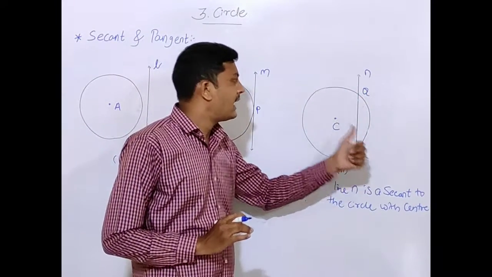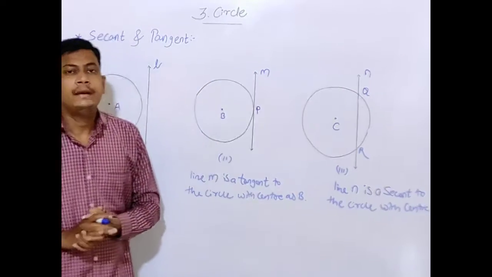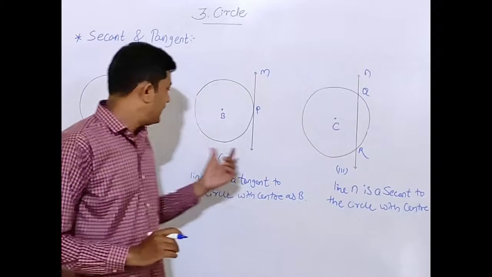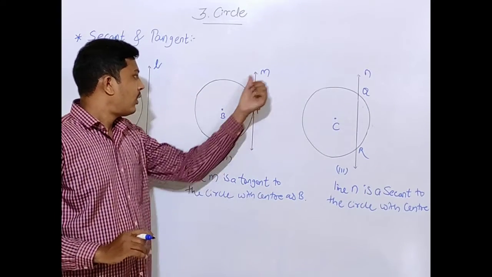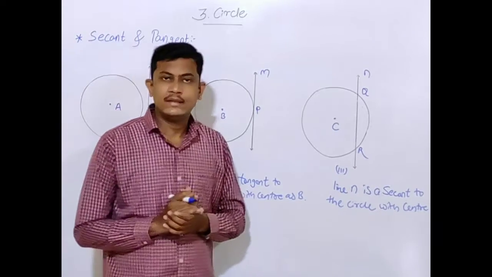Here Q and R are the points of intersection of the circle and the line N. So here it is clear that a tangent means having only one point of contact for the line and circle.